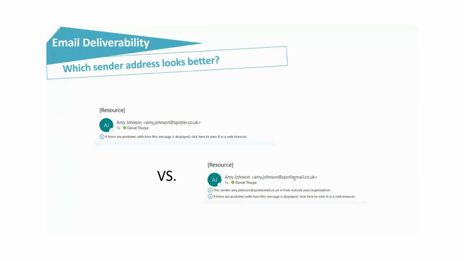And I kind of feel like back in the day, I used to look at an email address and go, yeah, I don't want to click that. I'd look at the domain and go, yeah, I don't recognize that. And if it is the company domain, you're not going to make that opinion, are you? But if you're looking at something like Spotler email co.uk, that could be someone else. That might not necessarily be the company. You might not know. So that's why it's better.